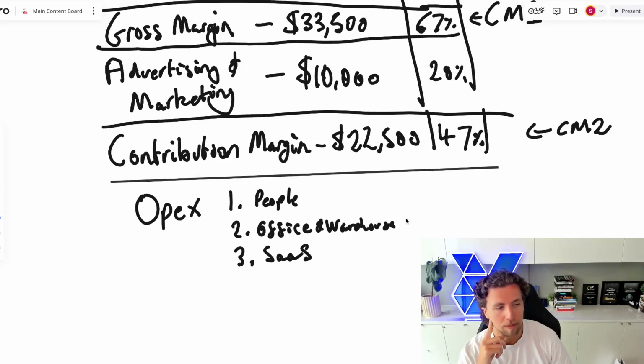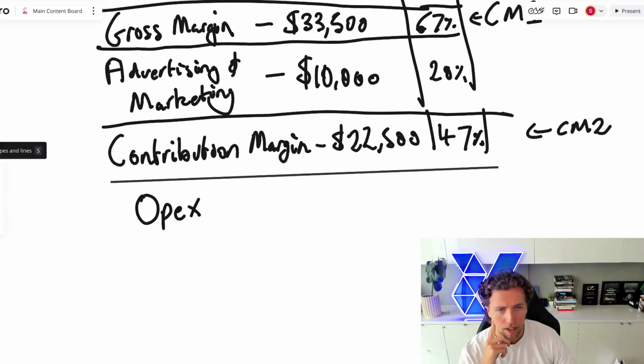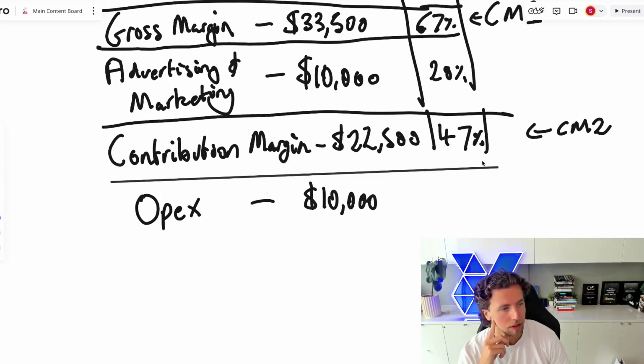And so this is pretty much going to encapsulate 80 to 90% of operating expenses in a business. And so let's remove that and put in an assumed figure here. Let's assume that operating expenses for this business is $10,000 per month.